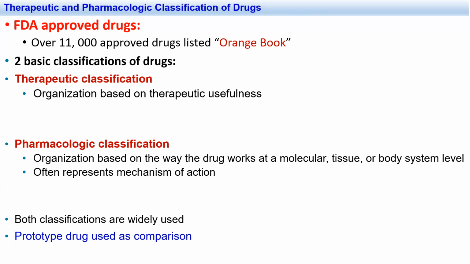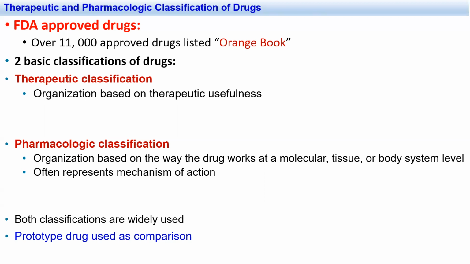So therapeutic classification is the first classification.